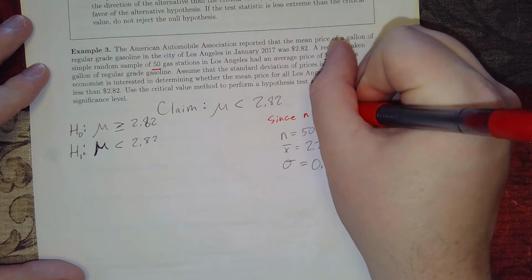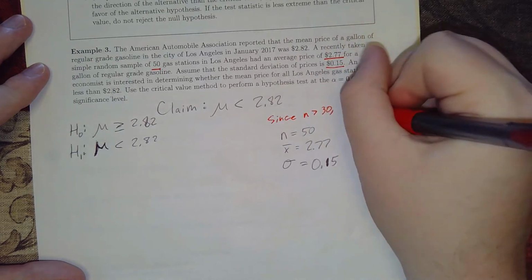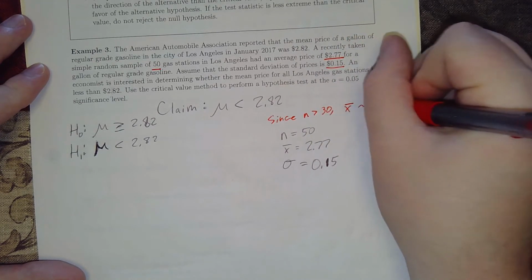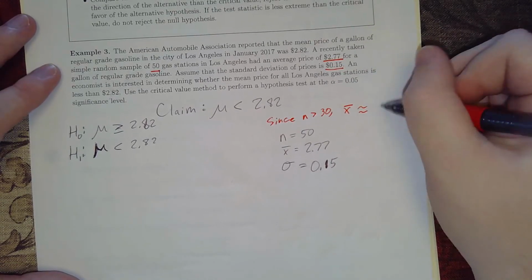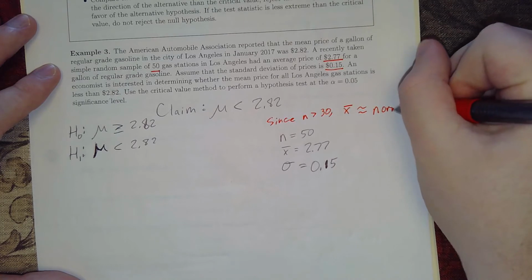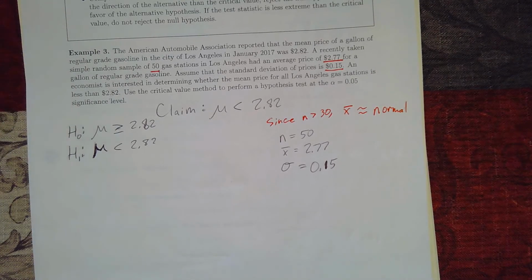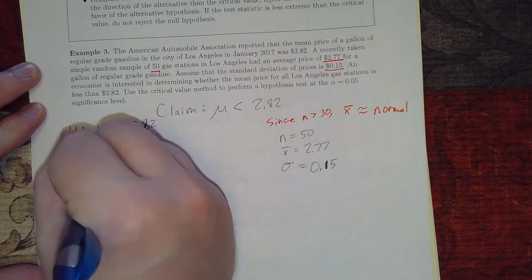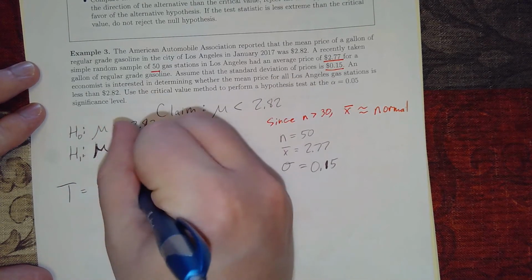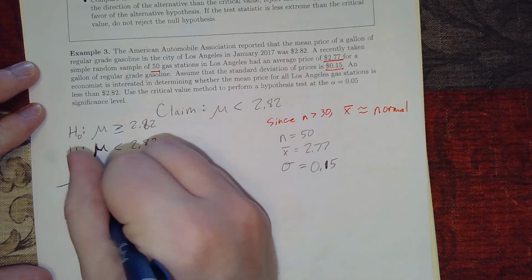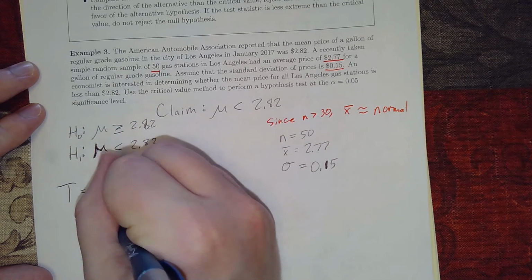Since n is greater than 30, our sampling distribution for our sample mean is going to be approximately normal. Remember, this is one of the assumptions that we have to make in order to use this. When we look at our test statistic, we have x bar minus mu divided by the population standard deviation over the square root of n.